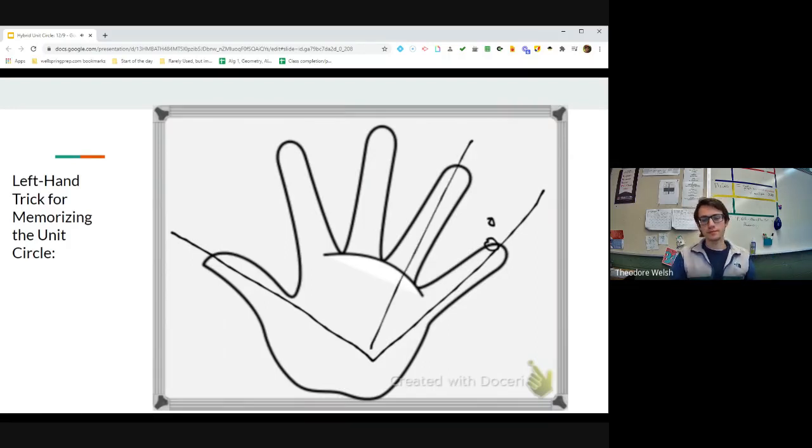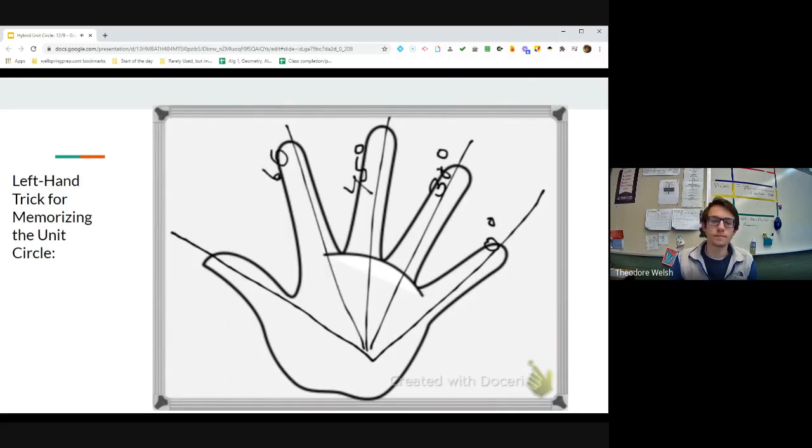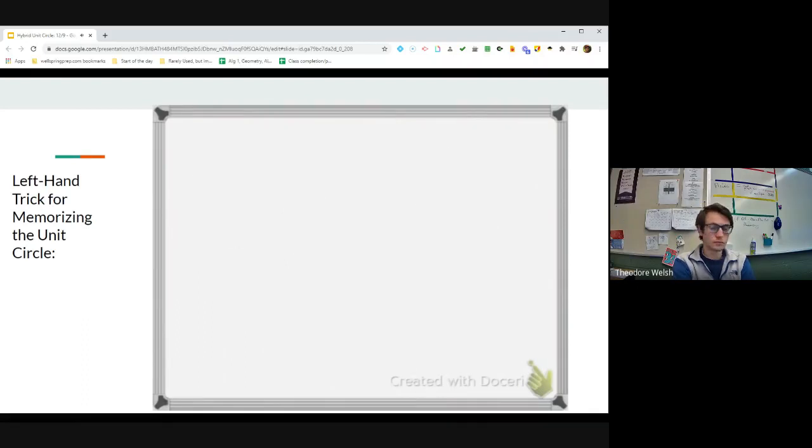This next angle would be 30 degrees. The next one would be 45 degrees, 60 degrees, and then of course 90 degrees, right? So when I'm talking about this trick and what you can do using your fingers, that's what I'm going to be referring to. And that's where I'm getting it from. It's from the first quadrant of the unit circle. So let's take all these away.